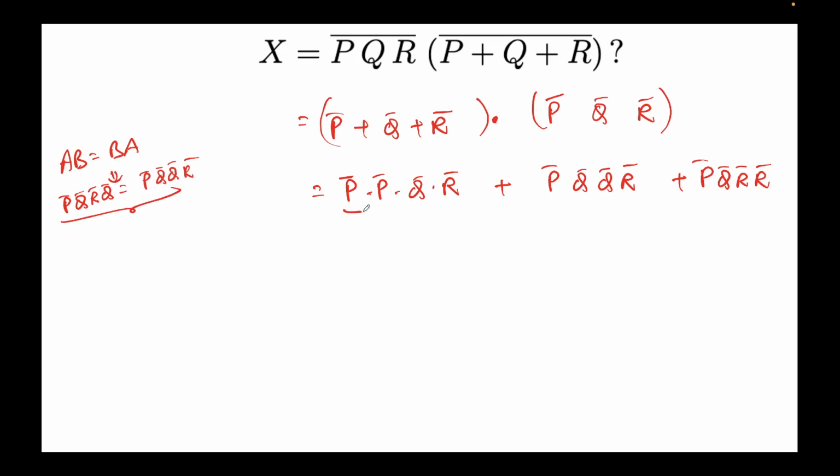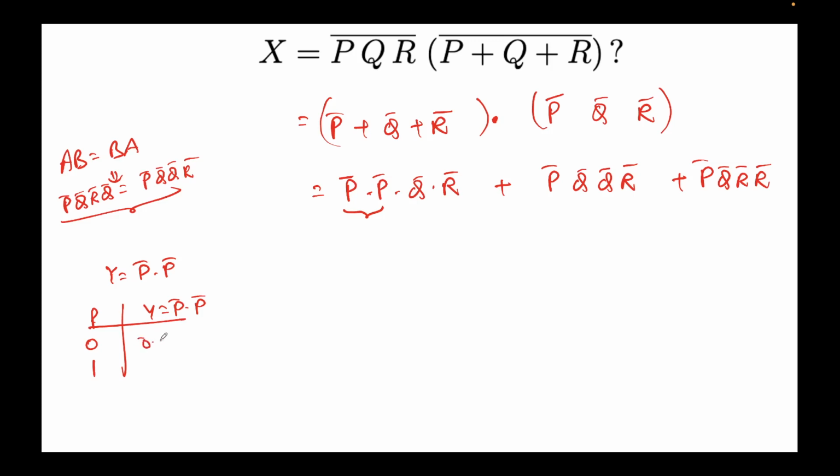Now this is interesting. Now P bar dot P bar, what is it? In order to evaluate this, I'll assume some other function y equal to P bar dot P bar, and evaluate the truth table. Possible combinations: P can be 0 and 1. Let's calculate y.